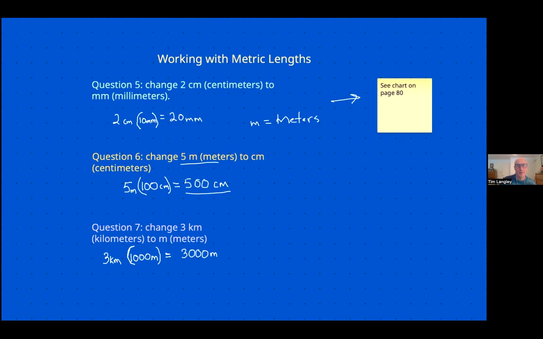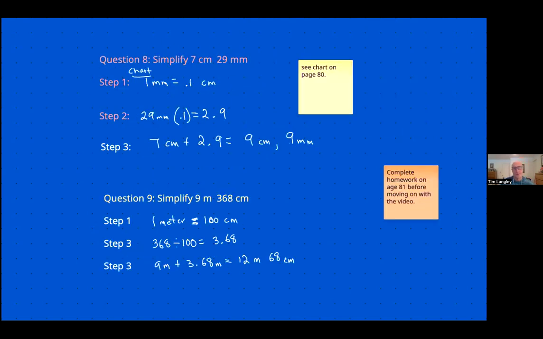Another problem, simplify. Now you're going to see this word simplify at the top in question 8 here. And again, be sure and stop this slideshow and copy this stuff down first, okay? But question 8 means simplify 7 centimeters and 29 millimeters, excuse me.